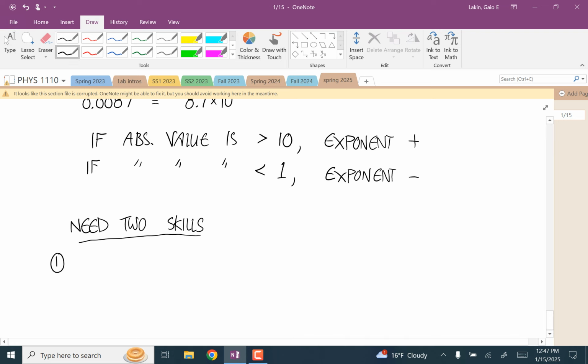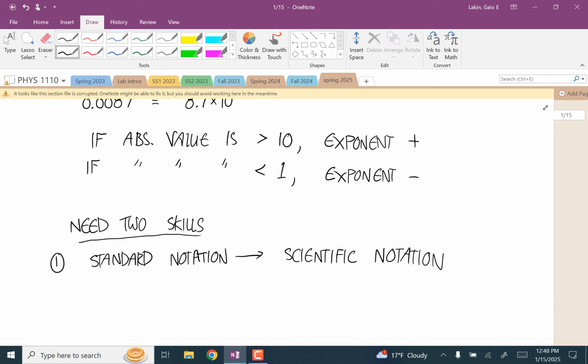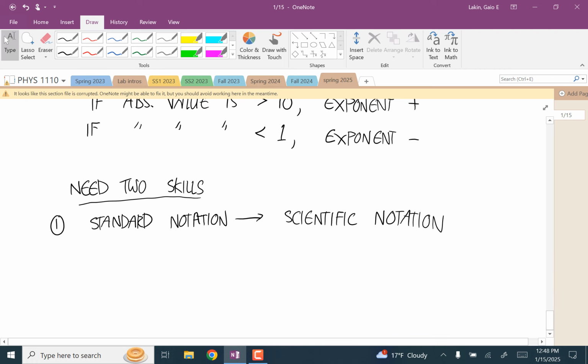Okay, so you need 2 skills for this. So the first one is to go from a standard notation to scientific notation. I'm going to write this down and then I'll just sort of describe how I do it when I think about it.